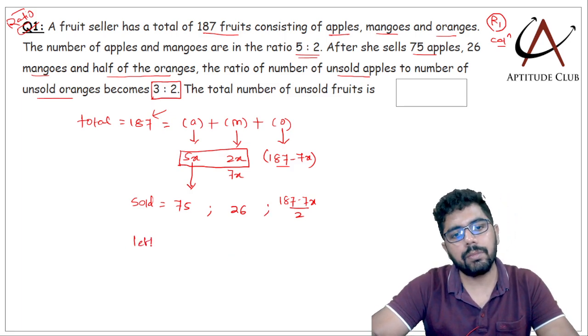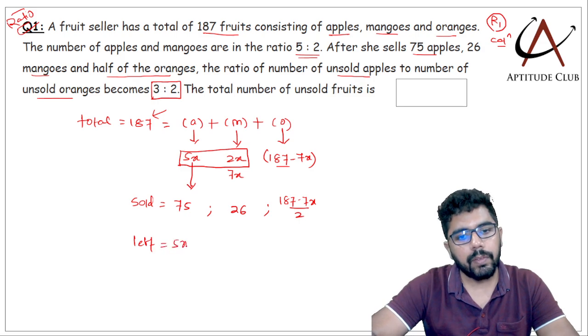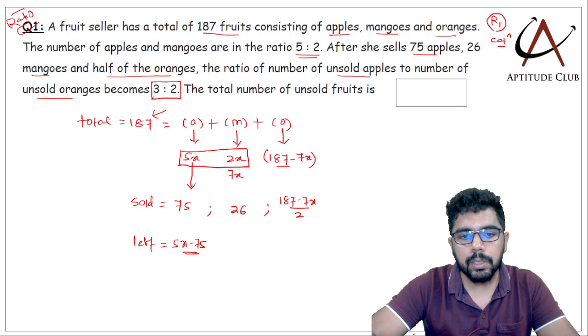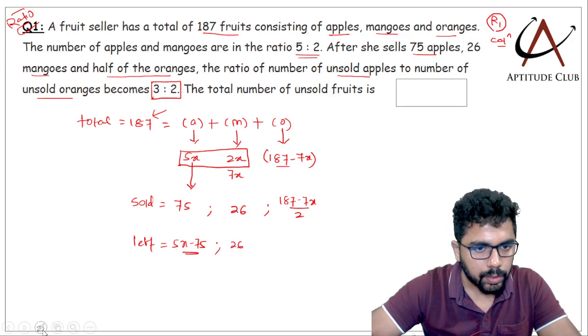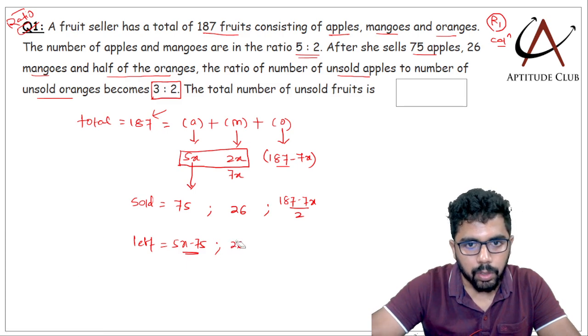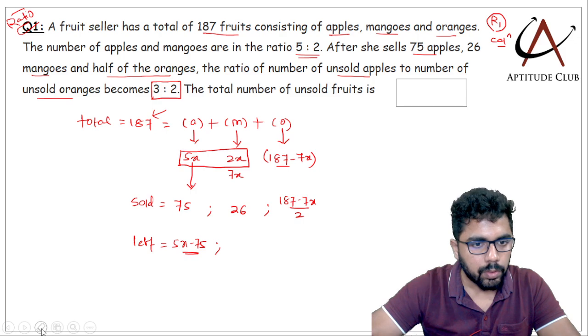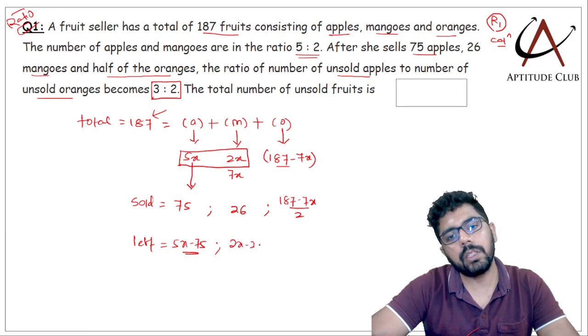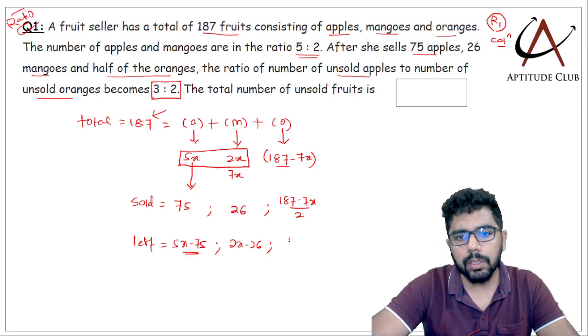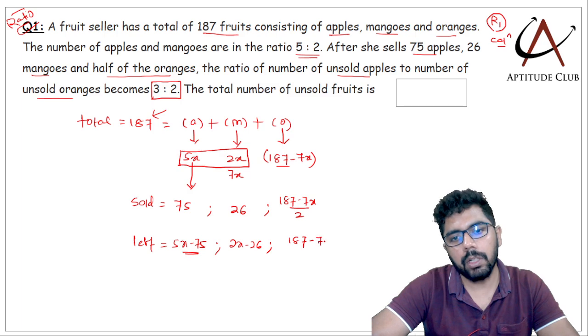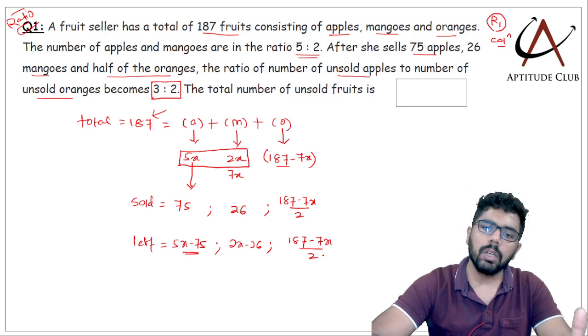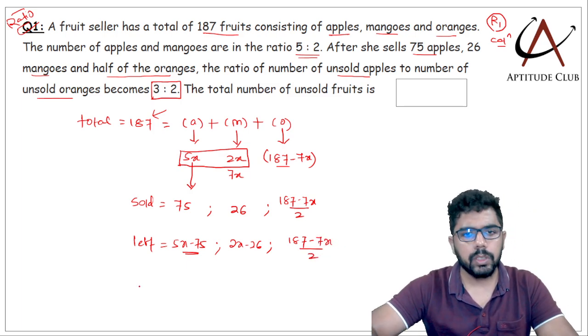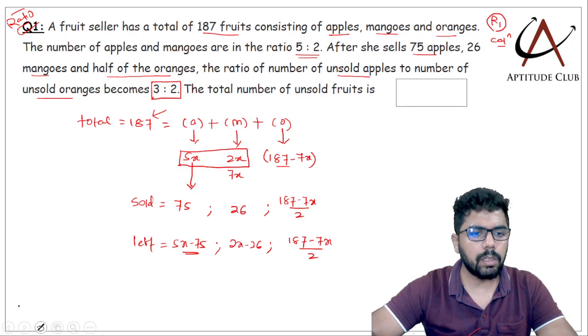So how many left? 5x minus 75 apples are left. 2x minus 26 mangoes are left, and again half of the oranges, because half is sold, so half is left. Simple so far, nothing difficult about it.